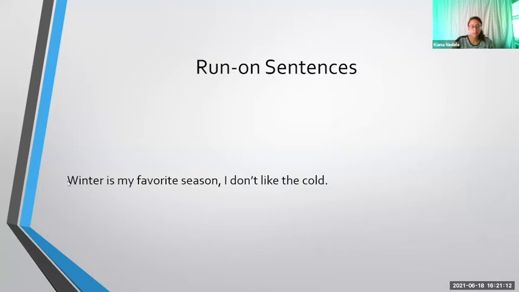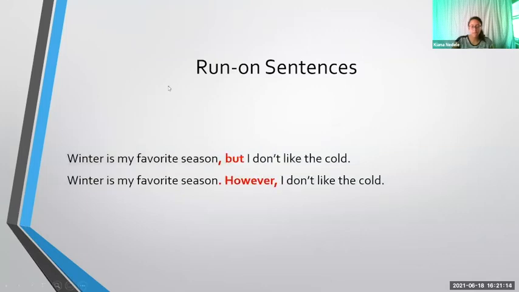So here are some ways to fix this sentence. So like you guys said earlier, winter is my favorite season, comma, but I don't like the cold. Or we could write the period. Another option, someone said however.